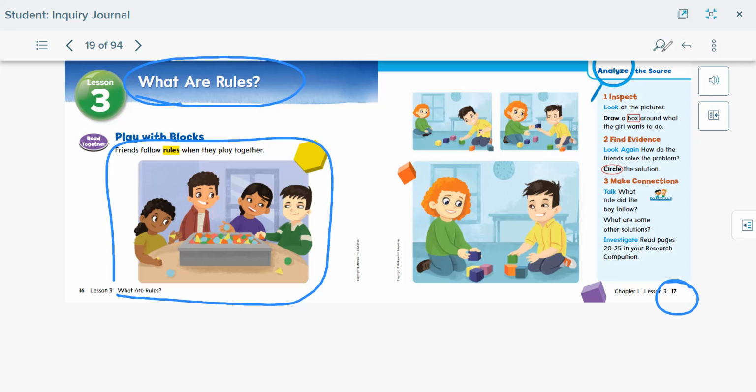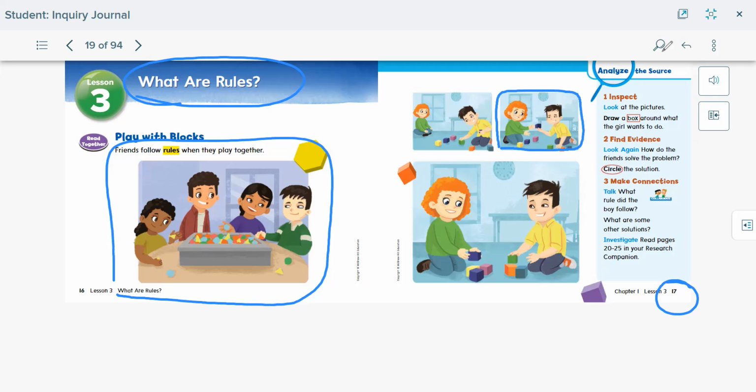So what does it look like they're doing here in this first picture? It looks like the boy's playing with blocks. Does it look like the girl's playing also? She doesn't look too happy, does she? We're not going to circle that because it looks like she's not playing or having fun. She's sitting. Let's look at the next box over here.